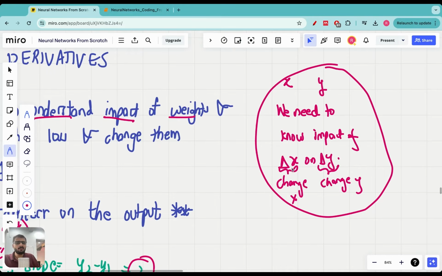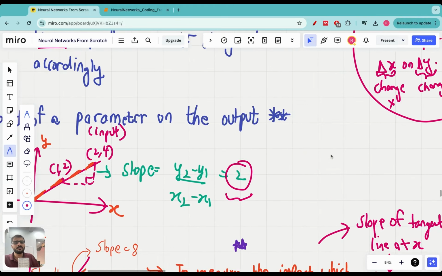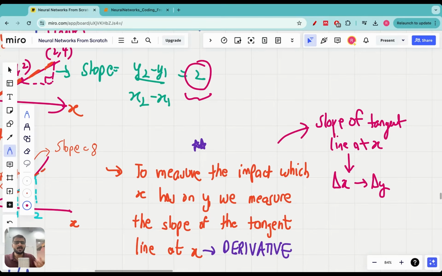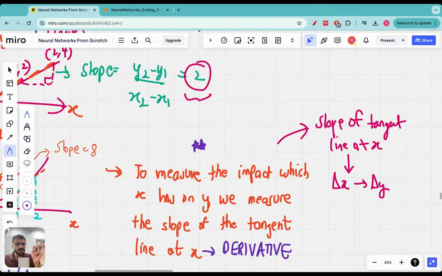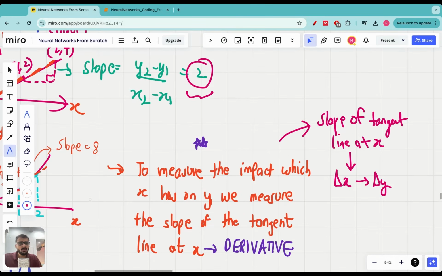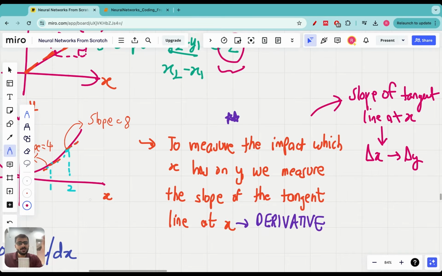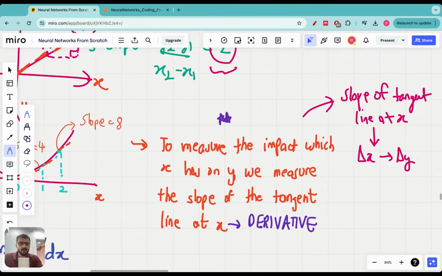We need to know the impact of delta x on delta y. So now we have a quantity which can give us that impact. You have a function, you just find the slope of a tangent line at a point, and that will tell you that if you move slightly to the left or slightly to the right, how much does y change? Which means what's the impact of that particular point x on the output? Or rather, what's the impact of the change in x on the output?